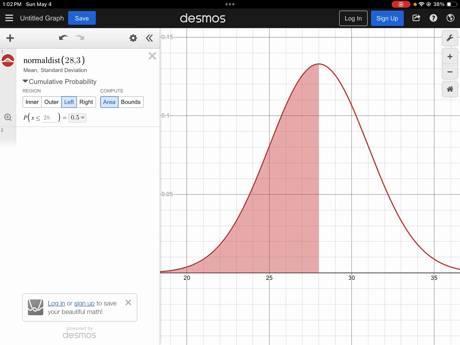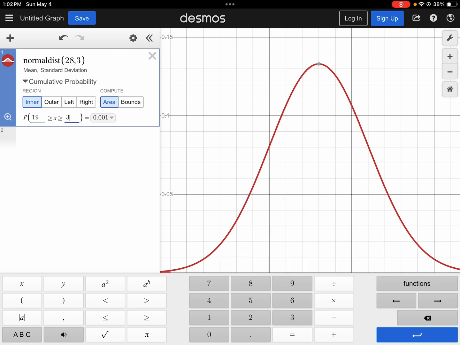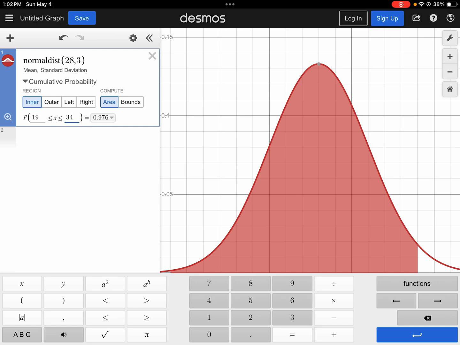Whenever it says between, we use inner, meaning in between two values. The two values we want are 19 and 34. To the right of our inequality, it says 0.976, and we would put that as our answer.